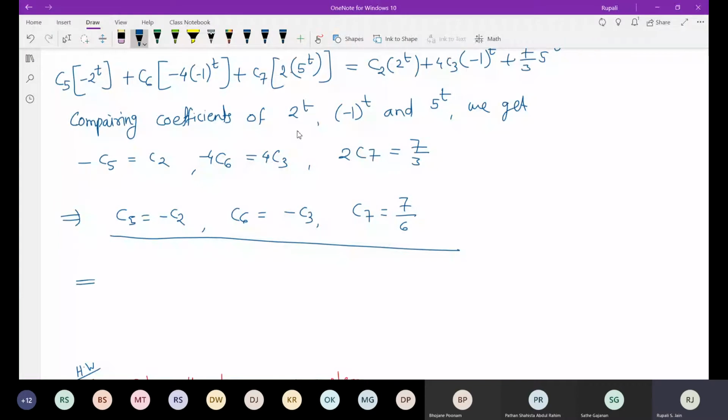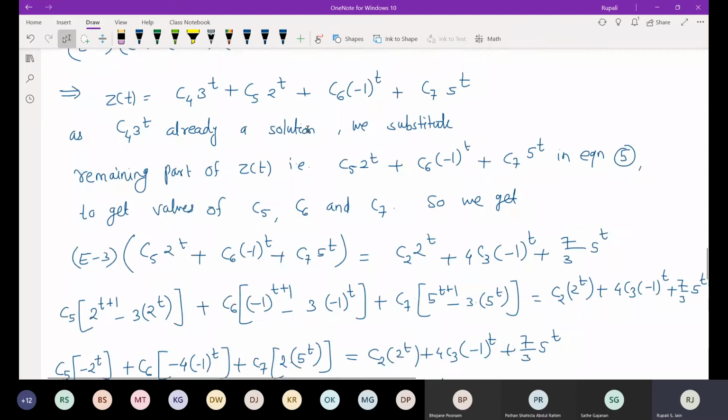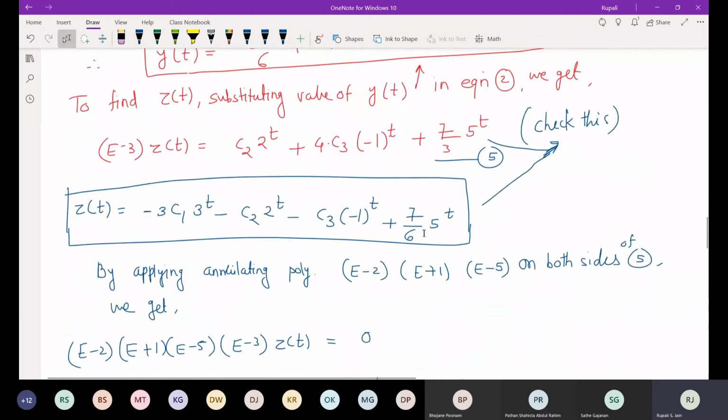So this implies Zt is nothing but C4 3 raised to t minus C2 2 raised to t minus C3 minus 1 raised to t plus 7 by 6 5 raised to t. That only I need to find now. See, I told you to check this only. Is that okay?